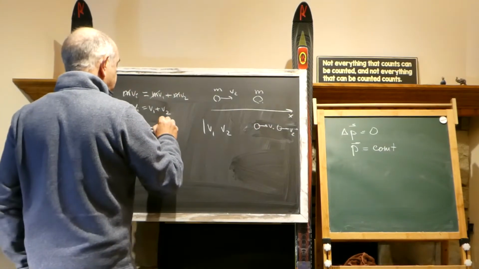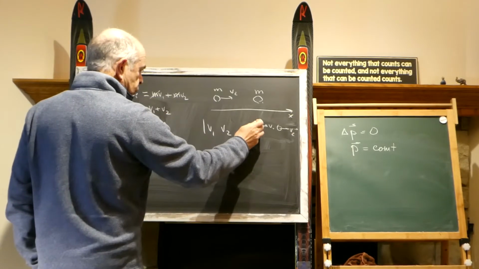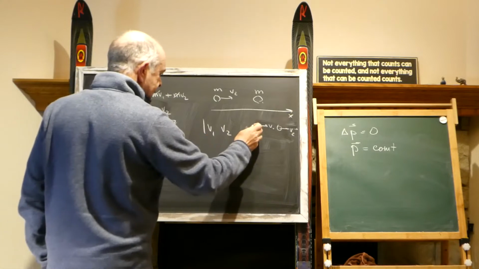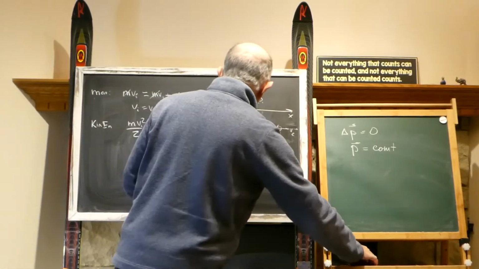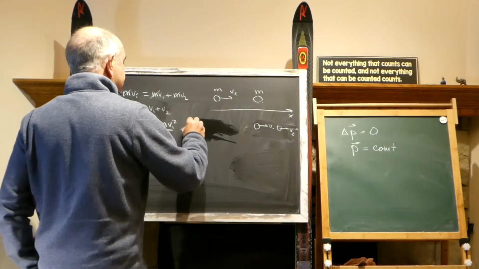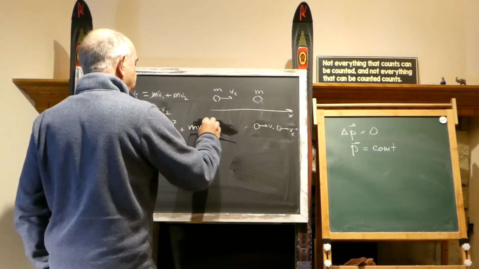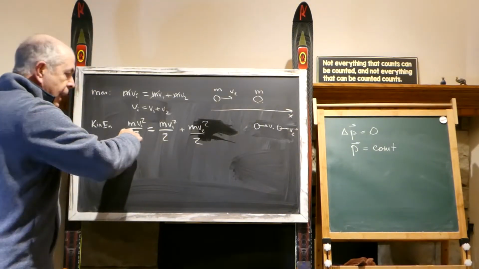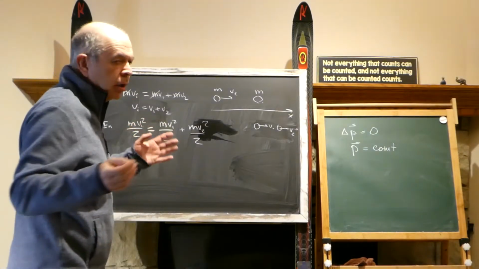After the collision, m v1 squared over 2 is the kinetic energy of the first body, and then there is the kinetic energy of the second body. And that's it. This is the initial kinetic energy, and kinetic energy is the whole energy that is there.